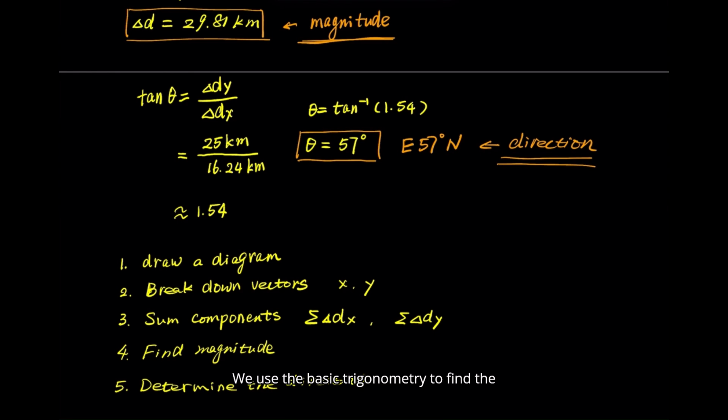We use basic trigonometry to find the angle and determine the precise direction of the final displacement. This is the process. So by following these steps, we were able to find the helicopter's total displacement from its starting point.